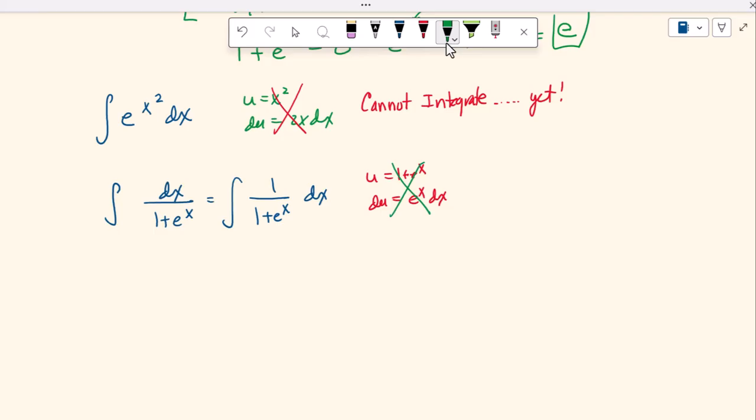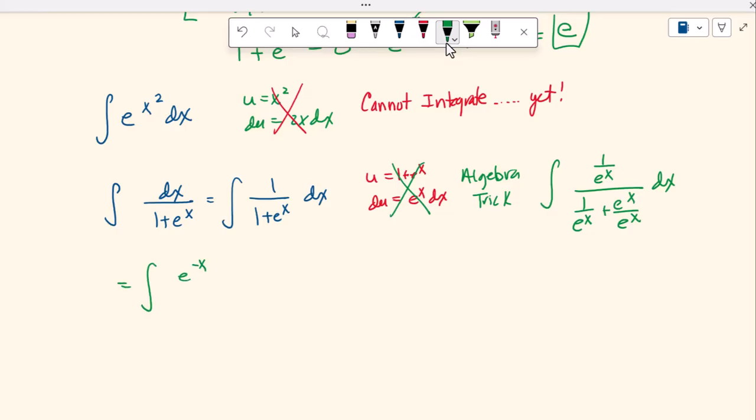So we're going to do a little algebra trick. We are going to divide through by e to the x every term. So 1 over e to the x, 1 over e to the x, plus e to the x over e to the x dx. So rewriting this, 1 over e to the x is e to the negative x.